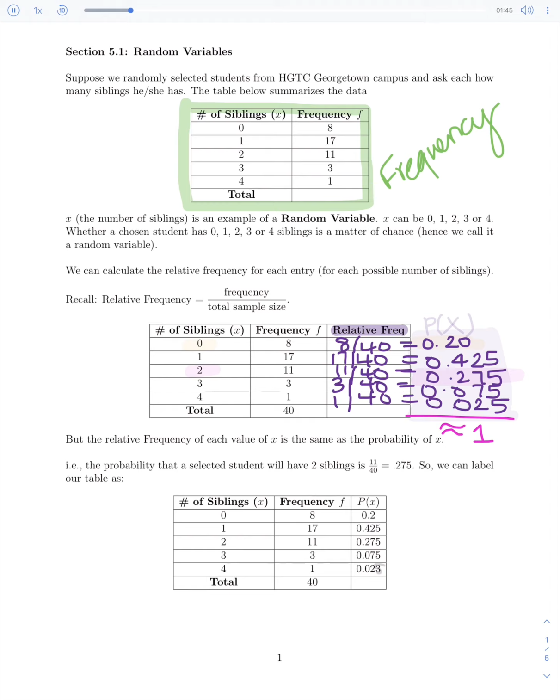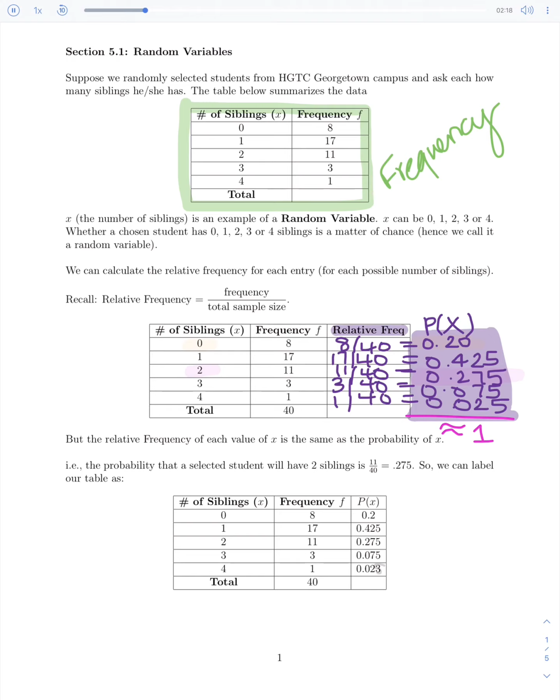So now notice that these relative frequencies that we just came up with, that we left as decimals, are the same way that we found probabilities back in chapter 4. That is exactly right. So instead of calling these relative frequencies now, we want to call them probabilities, P of X's.